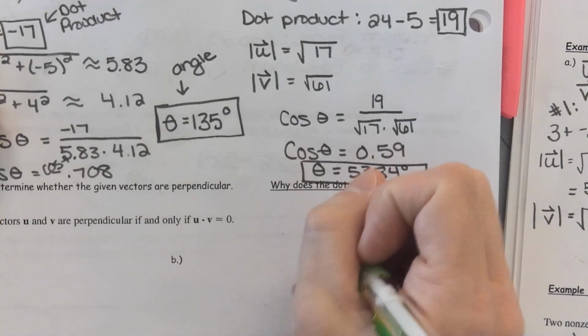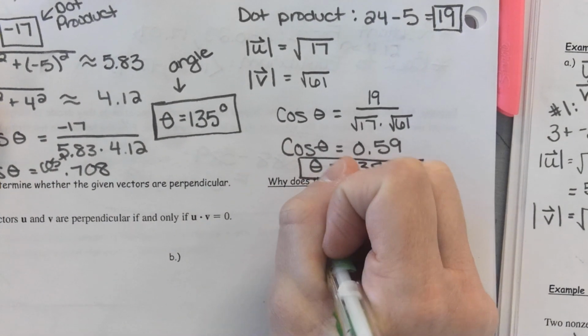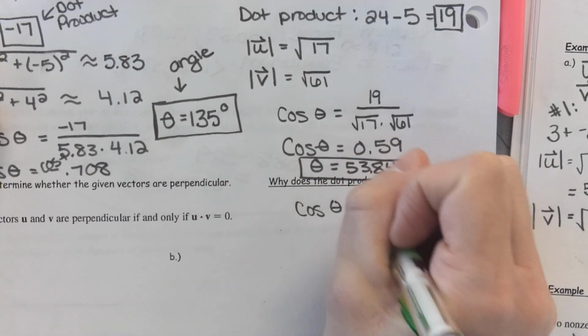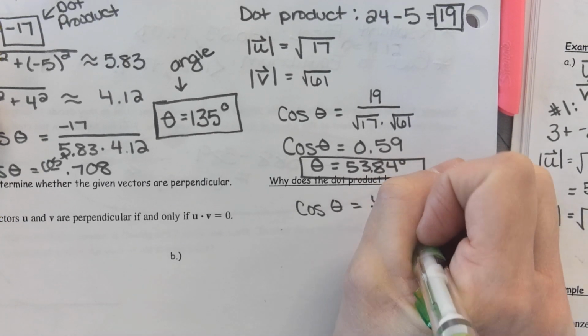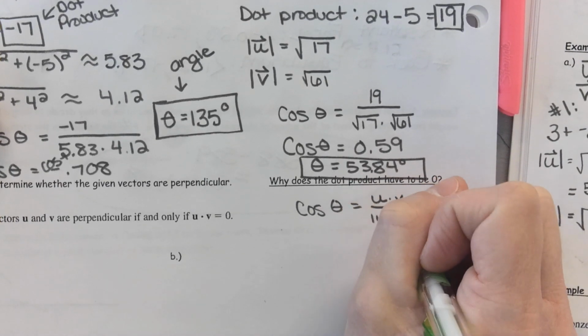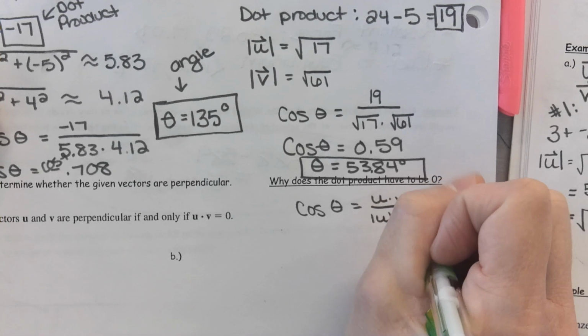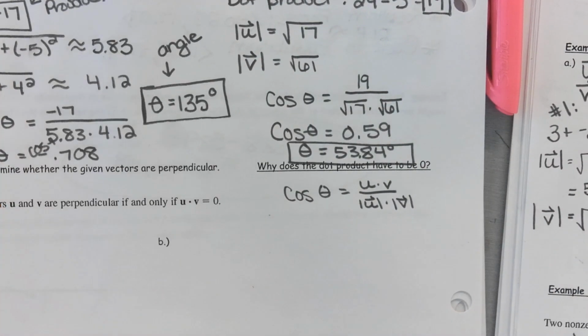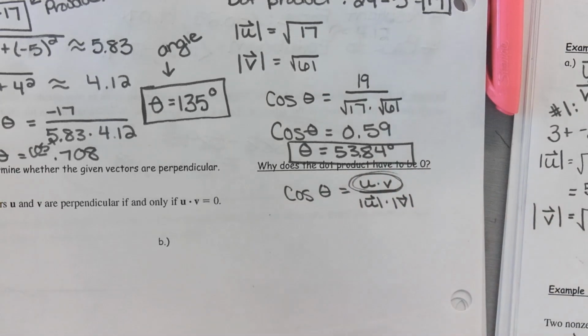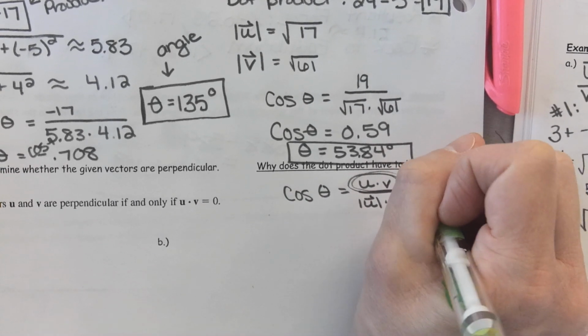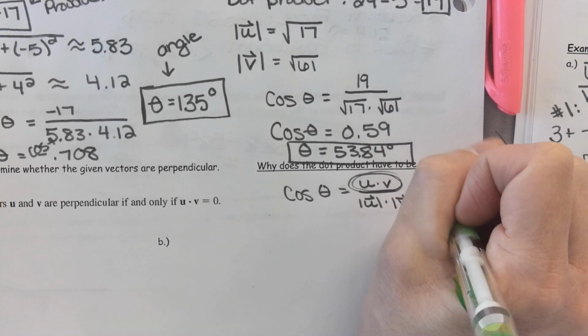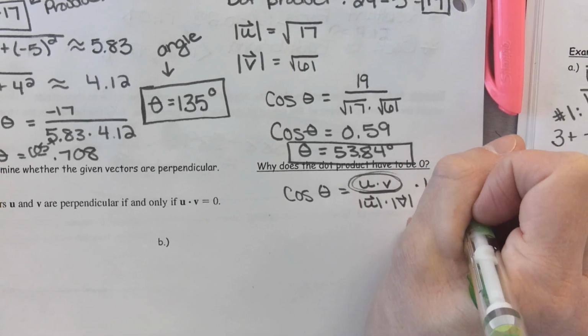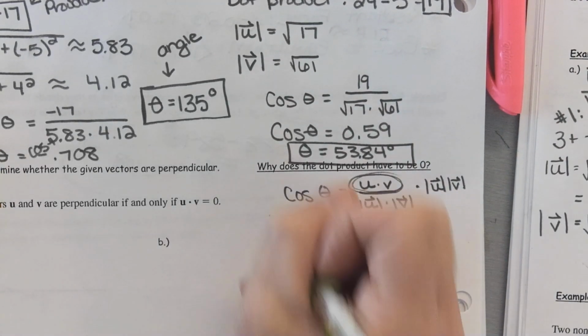So, why does the dot product have to be 0? Let's think about that. The cosine of theta is equal to u dot v all over the magnitude of u times the magnitude of v. Right? That's the formula we've been using. If I want to start simplifying this down a little bit to figure out just what the dot product should be, I multiply each side by the magnitude of u and magnitude of v.